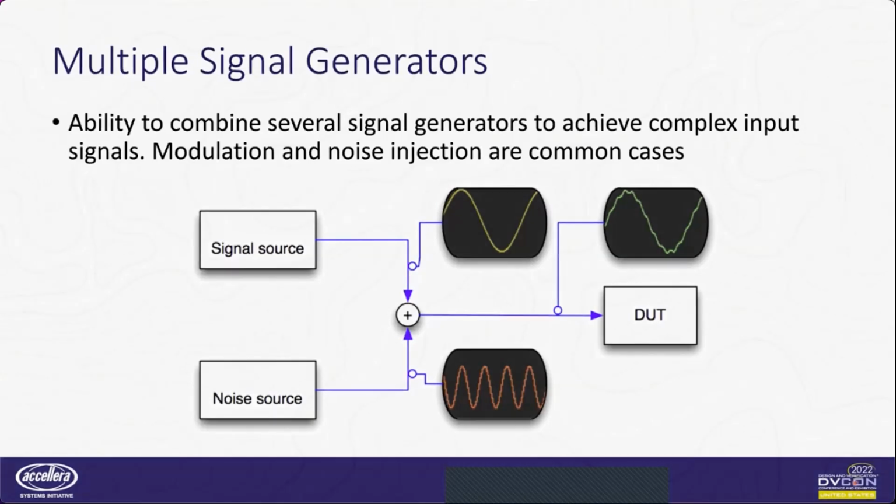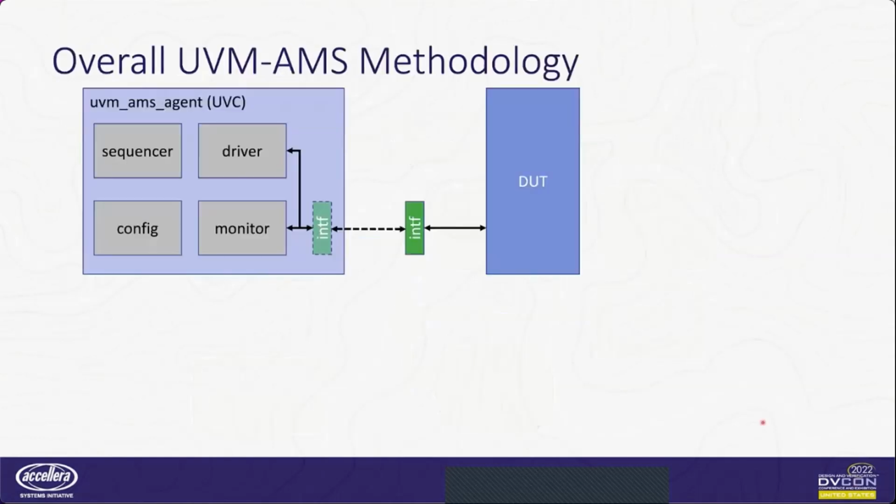So let's look at those challenges that Tom mentioned with driving mixed signals from a UVC, mainly the ability to drive a continuously changing signal. Here we have the standard UVC with the driver and monitor connecting through the interface to the DUT.